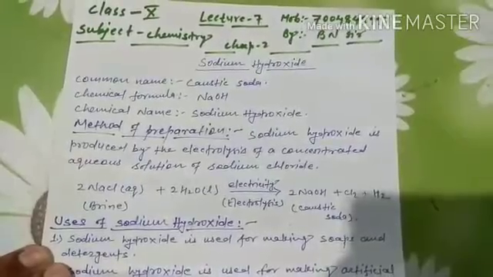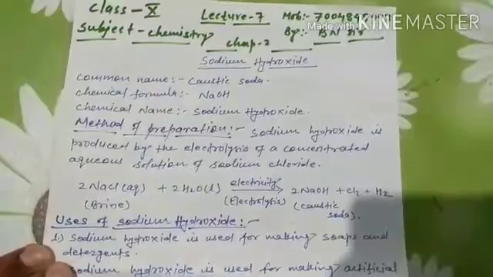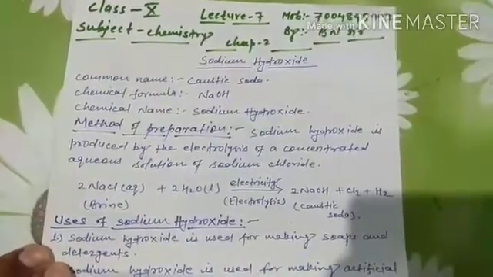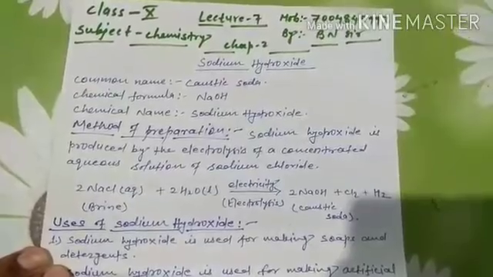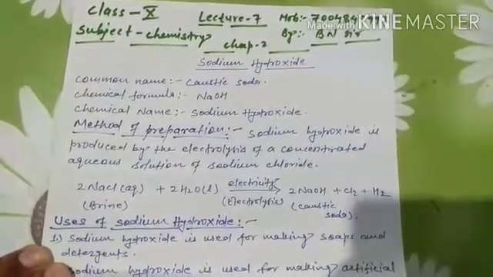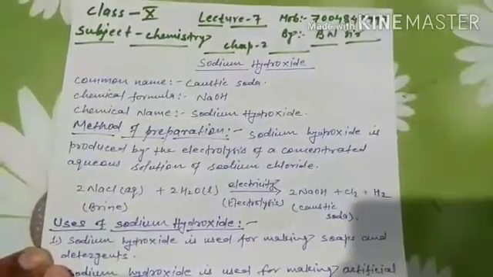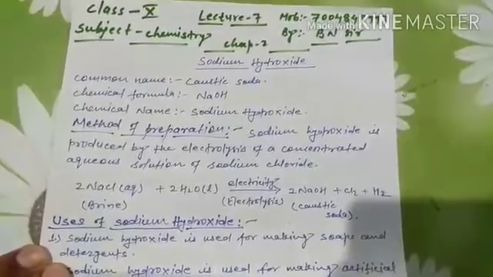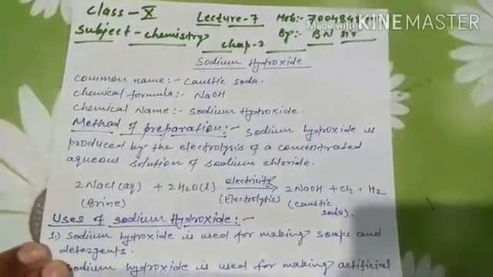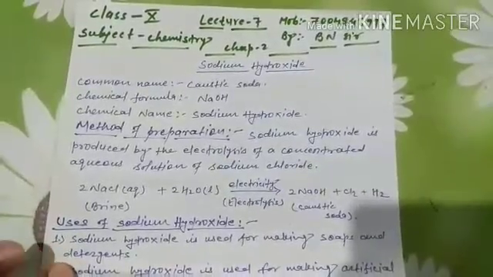Sodium hydroxide is produced, or you can say prepared, by the electrolysis of a concentrated aqueous solution of sodium chloride.